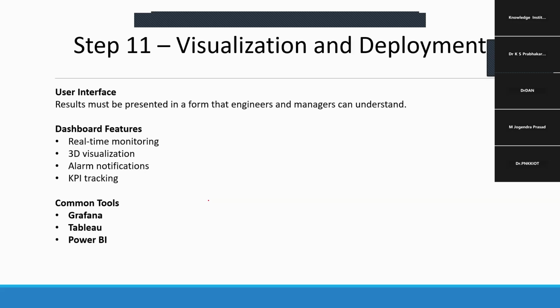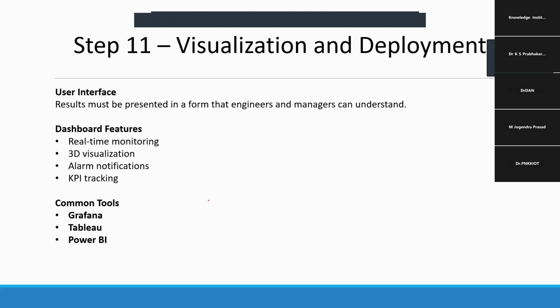Next, step 11 is deployment and continuous improvement. Once the model is validated, the digital twin is deployed for operational use. The system will be connected to a dashboard that may provide real-time monitoring, alerts, and decision support tools. However, deployment is not the end of the journey, because the digital twin continuously evolves throughout the asset life cycle.